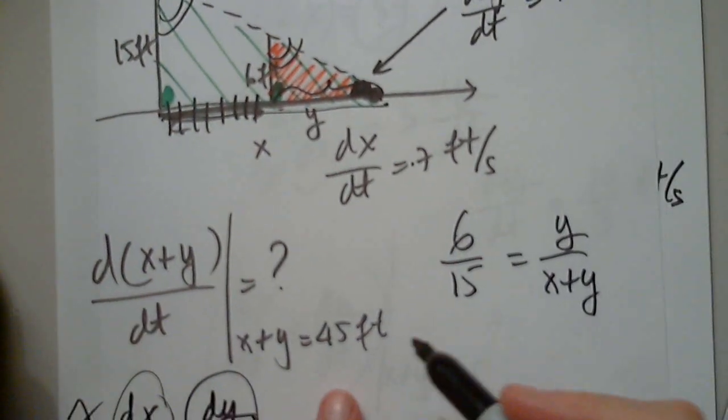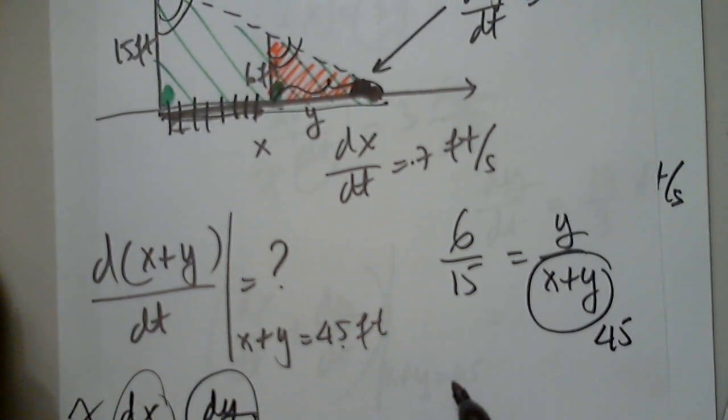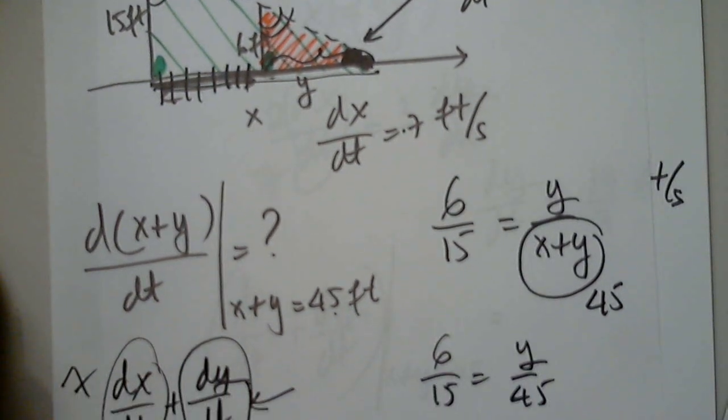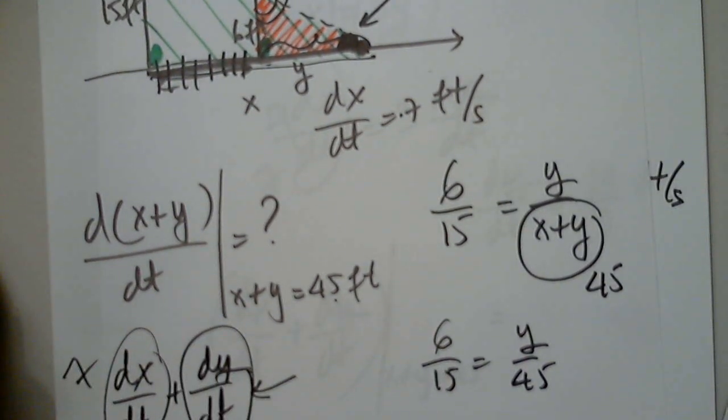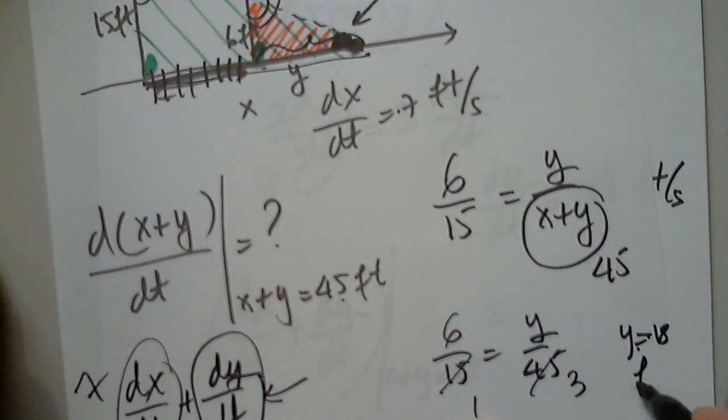If x plus y is 45, then 6/15 equals y over 45. So I'll multiply both sides by 15. So then y equals 18 feet.